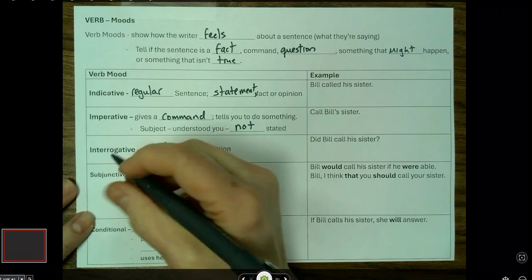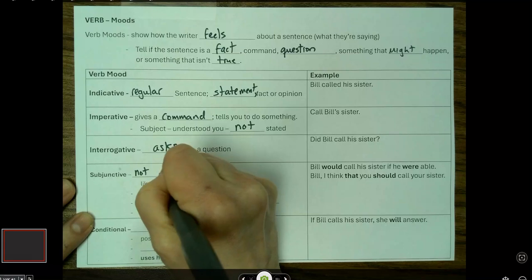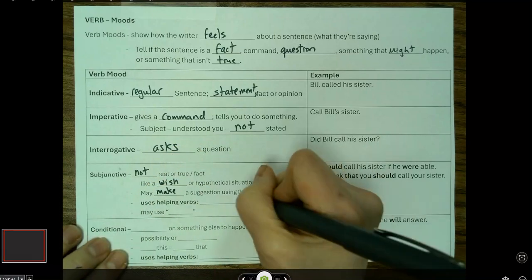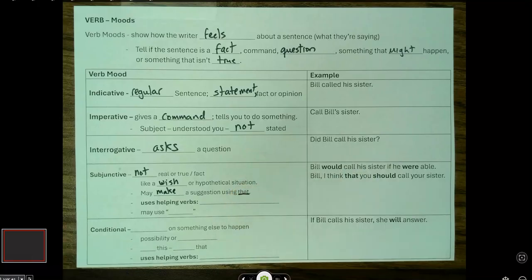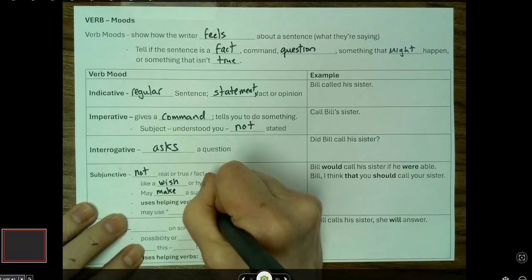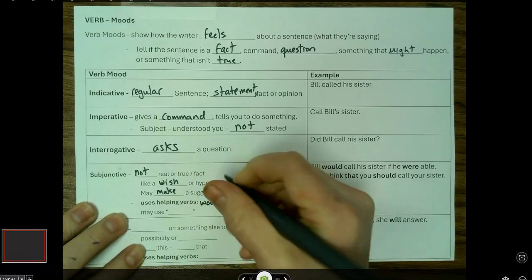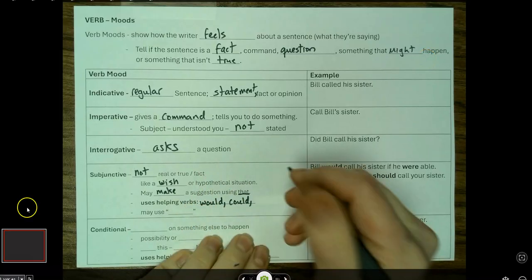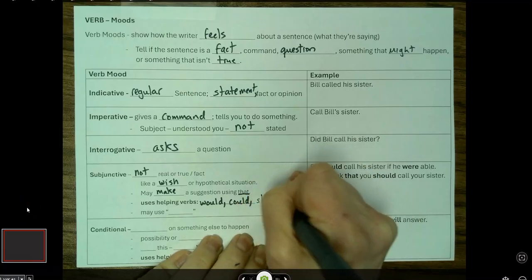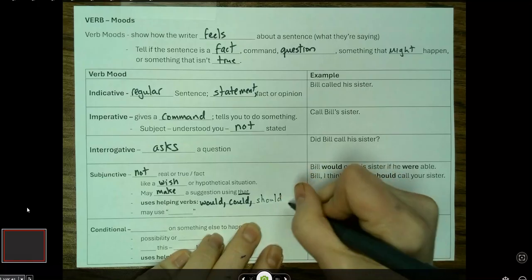It may make a suggestion using that. Okay, and it uses certain helping verbs like would, could, shall, should, and may.